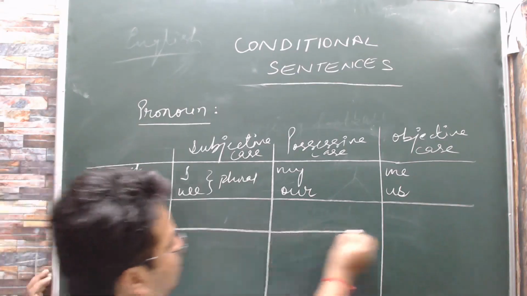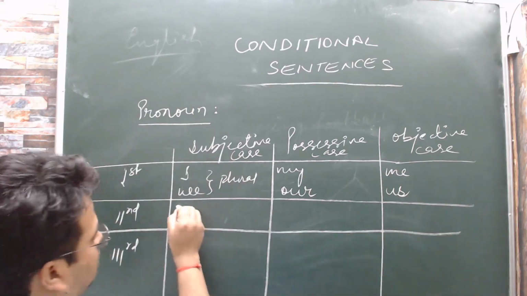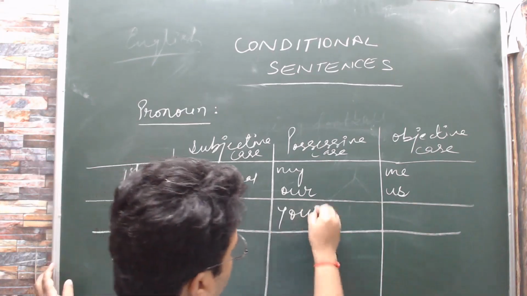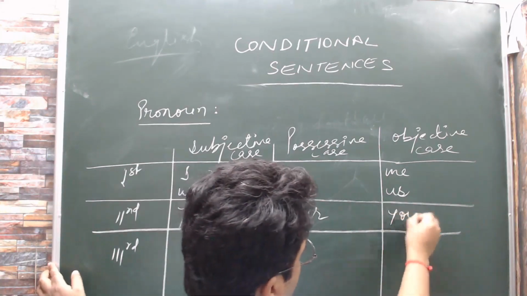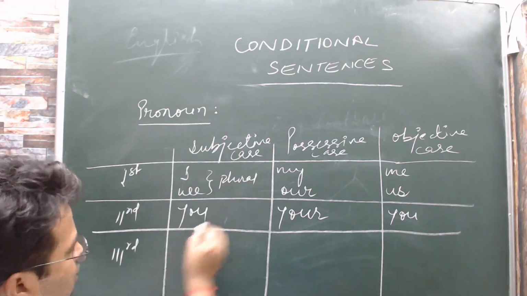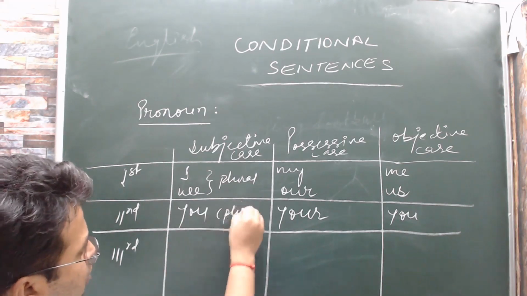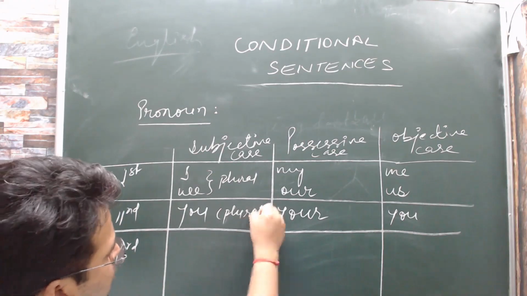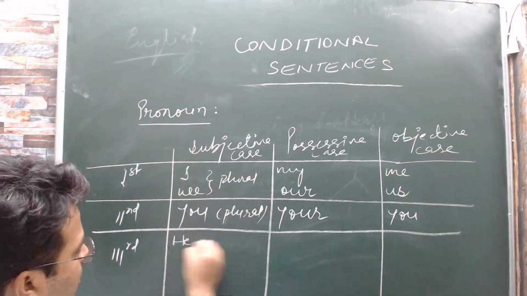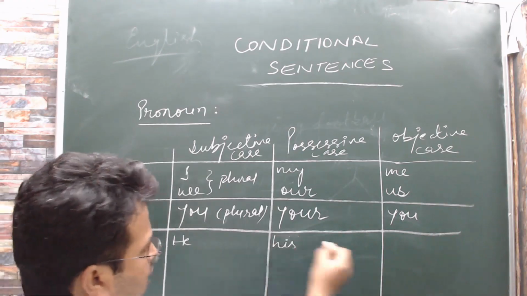Similarly, in the second person, we will see you, your, and you. You will take it as a plural subject. Then third person is he, his, and him.